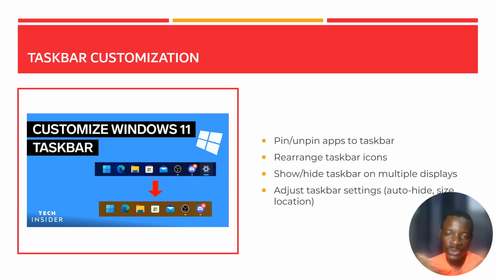You can also adjust your taskbar settings by using auto hide, and the size feature, making it bigger or smaller. And you can also choose the location. Mostly on Windows 11, you can choose whether you want it to be centered or left, which is the normal conventional Windows experience.